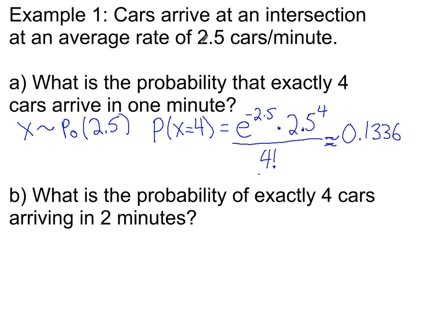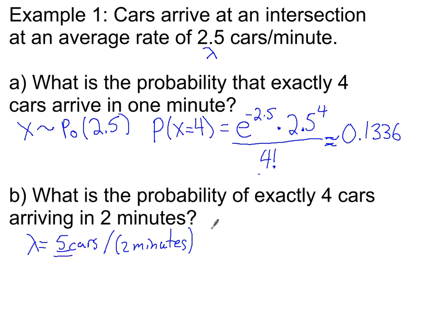Now the new amount of time is 2 minutes, and so if 2.5 cars on average arrive per minute, then in 2 minutes on average we would double that, and we'd have 5 cars per 2 minutes. So our new lambda is 5 cars per 2 minutes. It's as though we've adjusted our units of time from 1 minute to 2 minutes. So now our new lambda is 5.